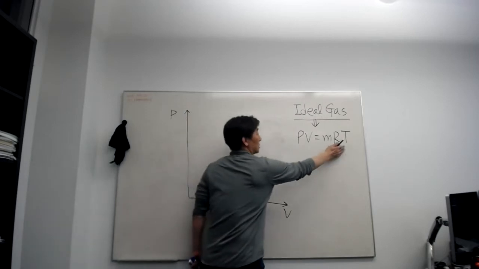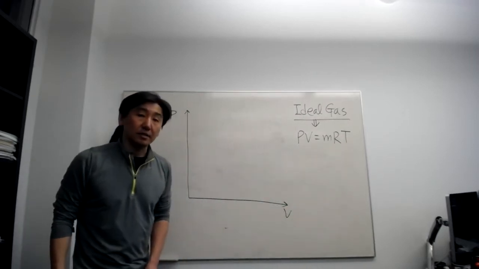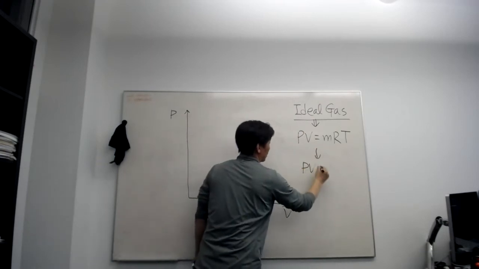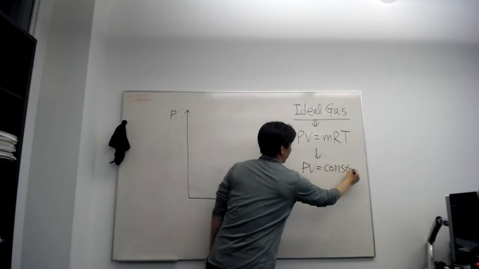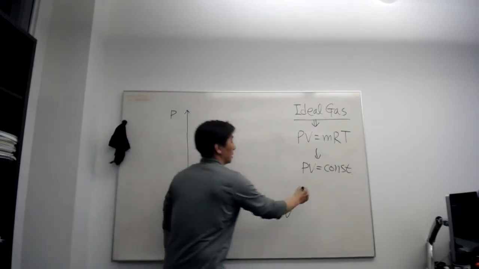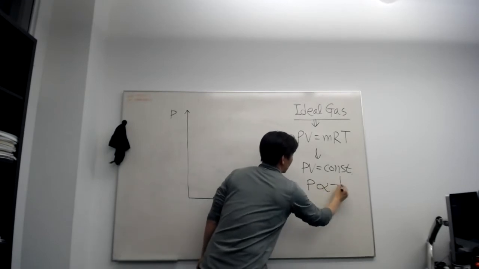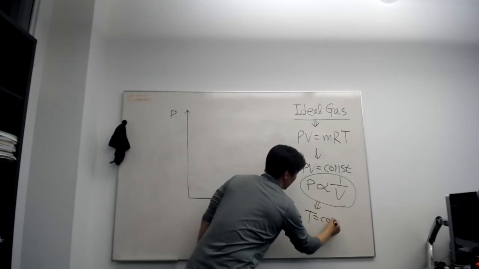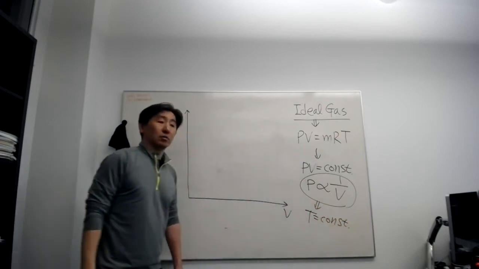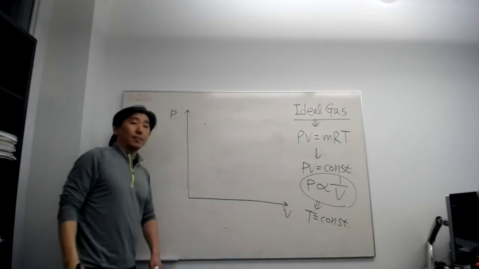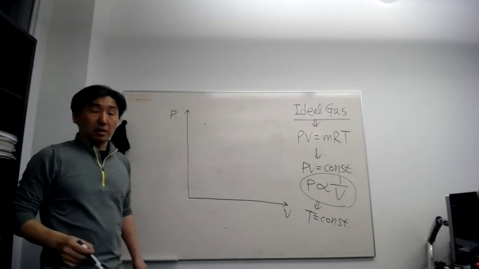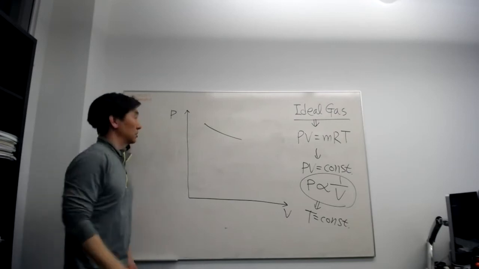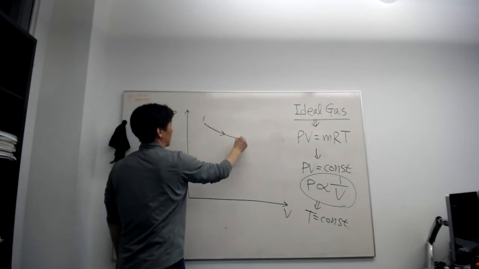From this equation, if temperature is constant, then PV should be constant, or P should be proportional to 1 over V. So that is for constant temperature. So now, let's go from 1 to 2.